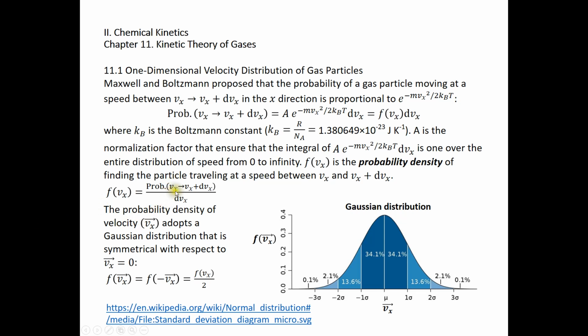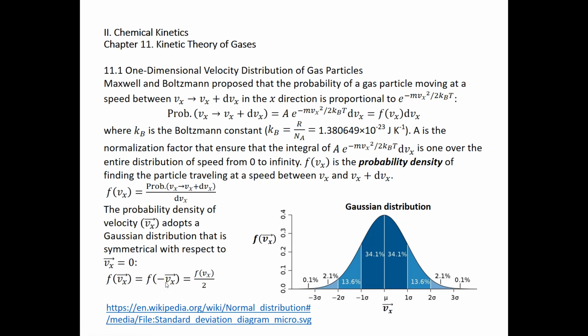If you tell me the speed is 5 meters per second, then the velocity can be positive 5 or negative 5. So the probability density of having positive 5 meters per second versus negative 5 meters per second should be the same. So we just divide the probability density of the speed by 2, and we get the corresponding probability density for the positive velocity and the negative velocity.